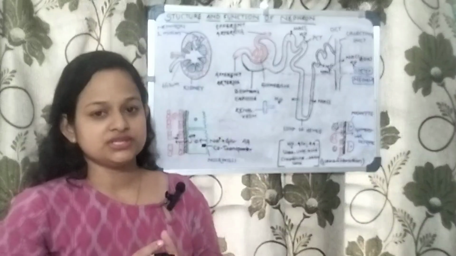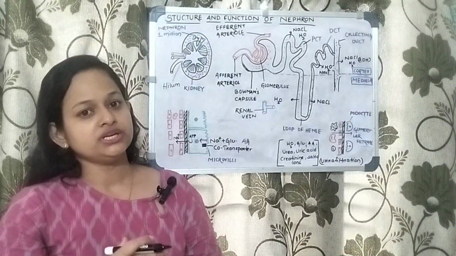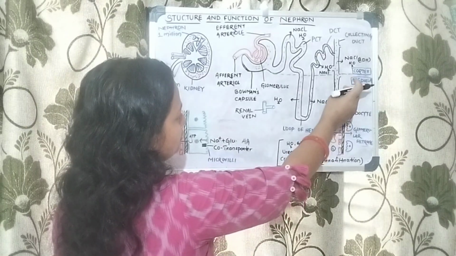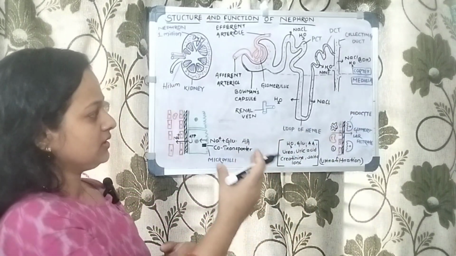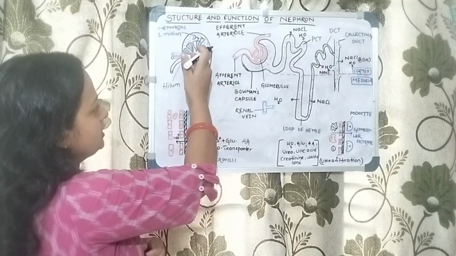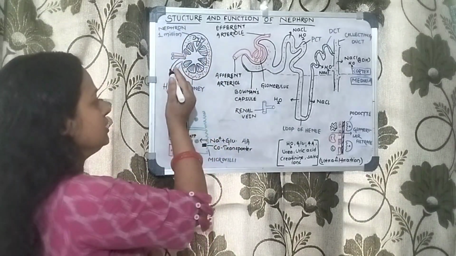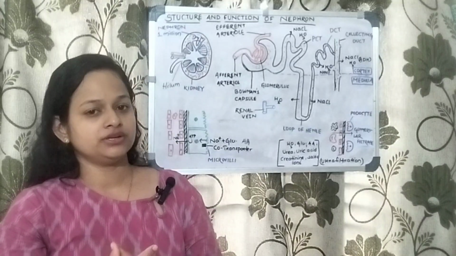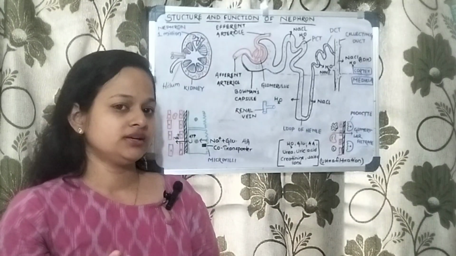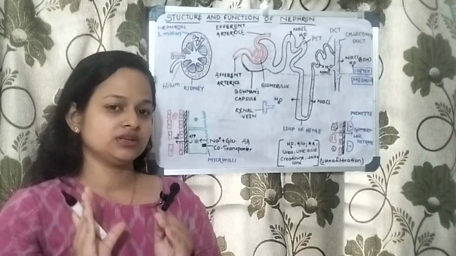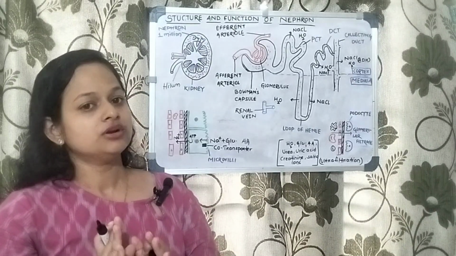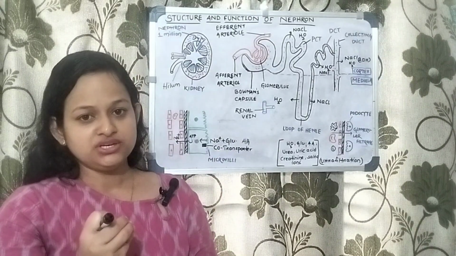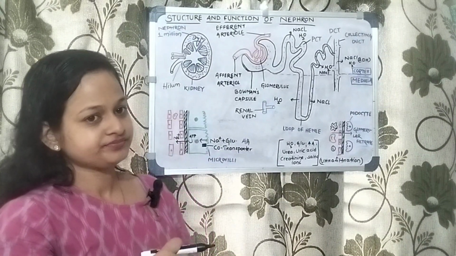By these three processes, the formation of urine completes. After the formation of urine, it goes to the renal pelvis, and the renal pelvis sends it to the ureter, and the ureter transports it to the urinary bladder, and from the urinary bladder it goes to the urethra for its passage. The passage of urine is also known as micturition.